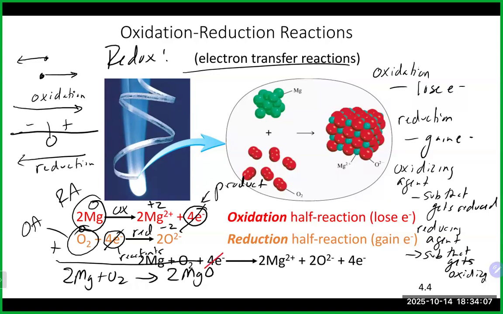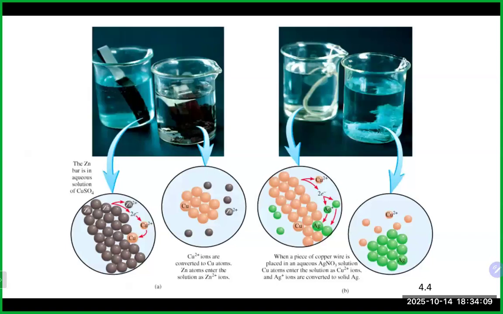In a later chapter in this book, in 200B, you'll talk about electrochemistry. But what is happening in this particular case is an oxidation reduction reaction. So what we have here is a solution with some copper ions floating around. That I believe is solid zinc. And once again, where you find ions are in solution.